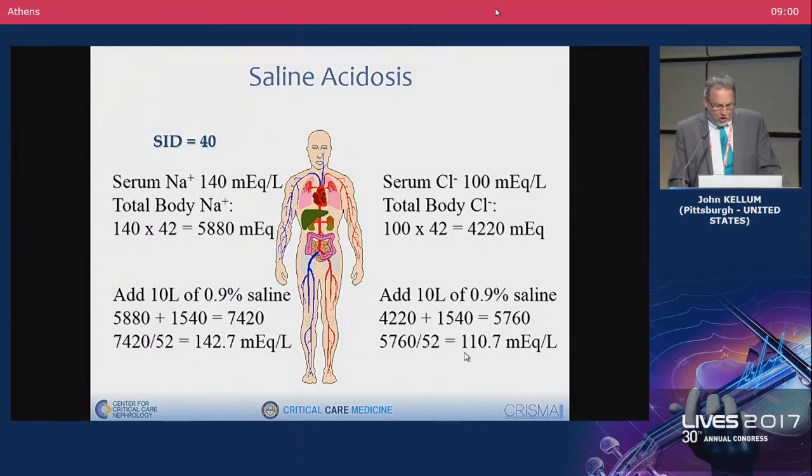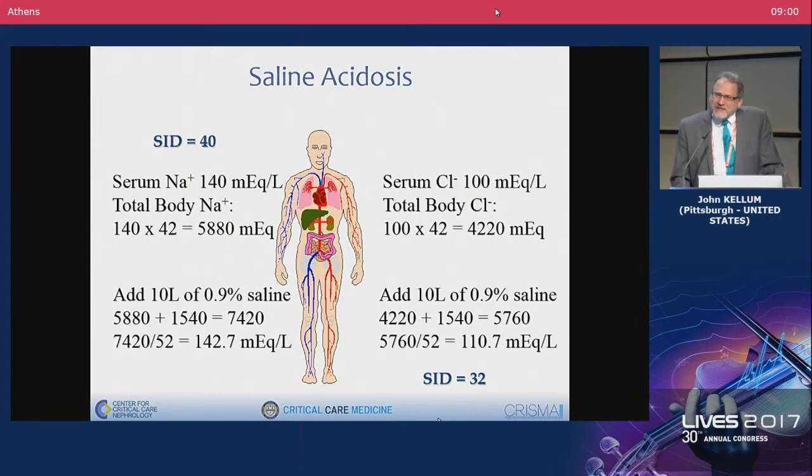So there's a much larger effect on the chloride than on the sodium, and that results in a strong ion difference that is lower than you started. And I told you already that the change in strong ion difference is equivalent to the buffer base, and therefore the base excess or base deficit. So this is like having a base deficit of -8, driven purely by the saline infusion.